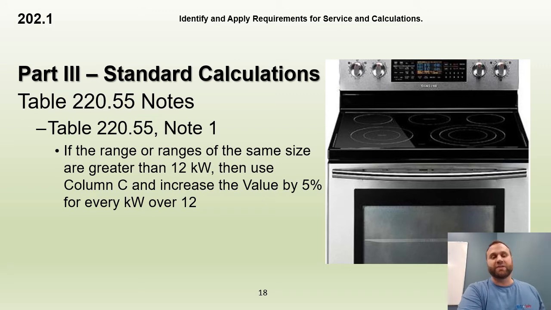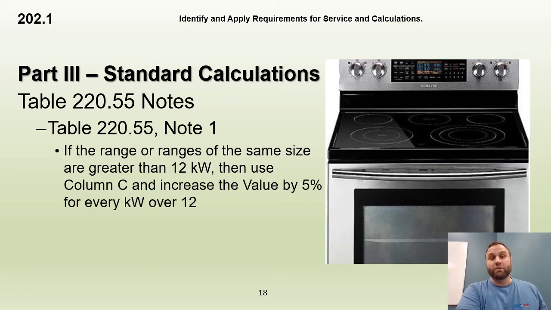And the intent of what this note is saying is use column C. But if you go to the top of column C, it actually says next to column C, up to 12 kW. So what if my range is greater than 12 kW? Can I still just use column C?